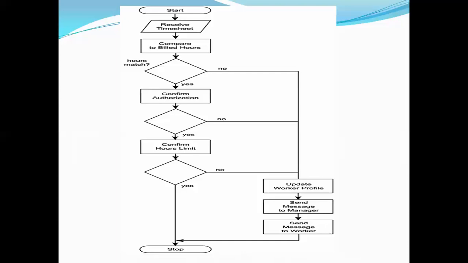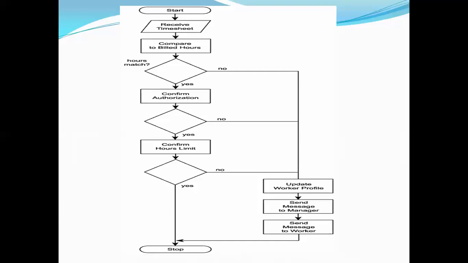The hour limit is the maximum number of hours, and the recorded hours total must be less than the confirmed hour limit, which is taken from the employee table. The recorded hours information is taken from the timesheet table and then compared.